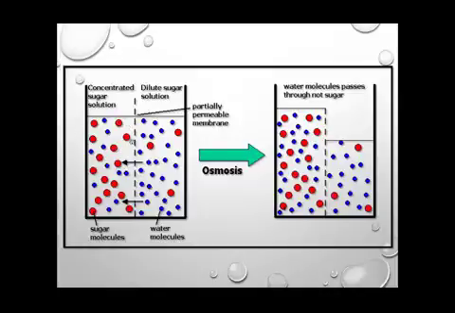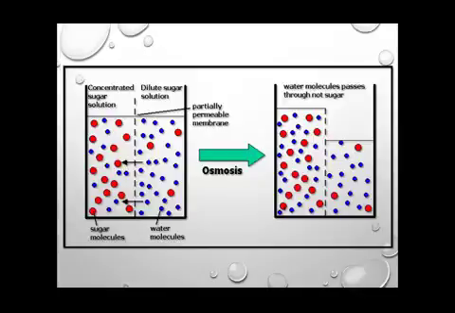These red dots are sugar molecules and these blue dots are water molecules. The portion where these red dots are more is the concentrated sugar solution, and the portion where water molecules are in abundance is the dilute sugar solution. As you can see, very few sugar molecules are present here.